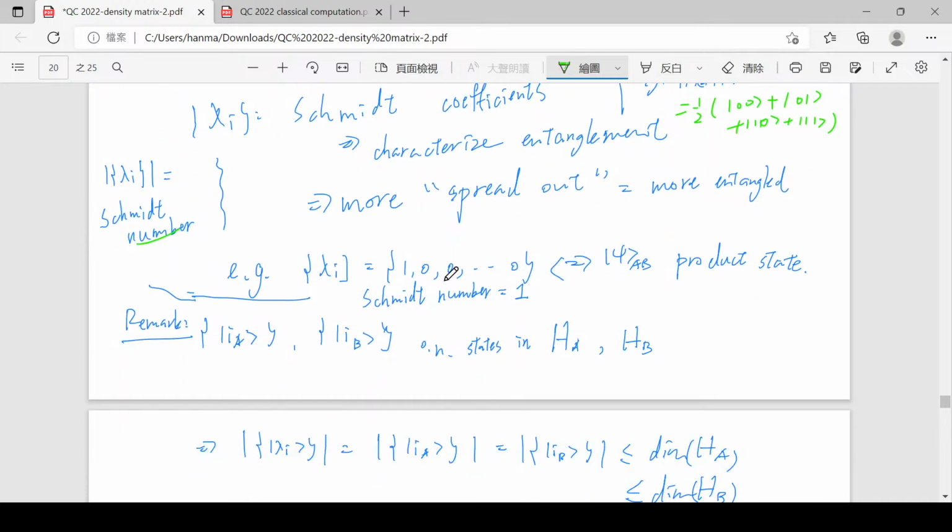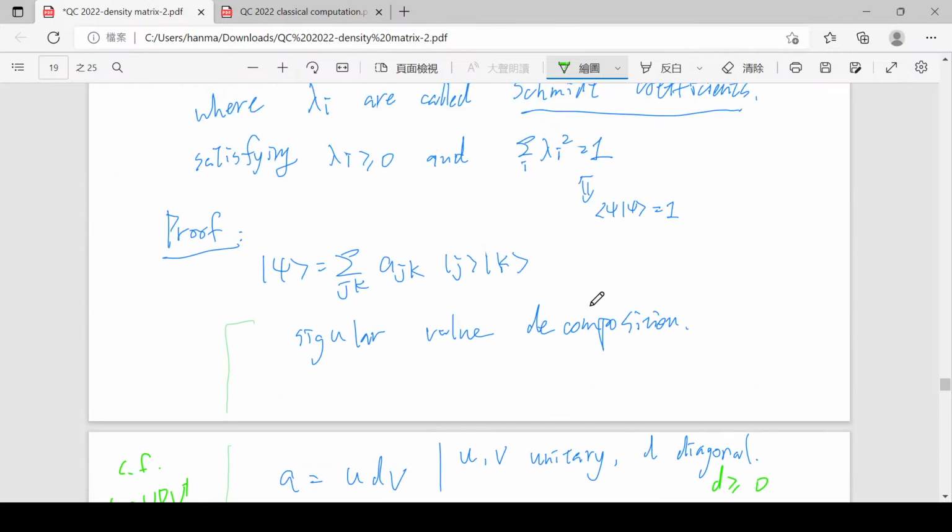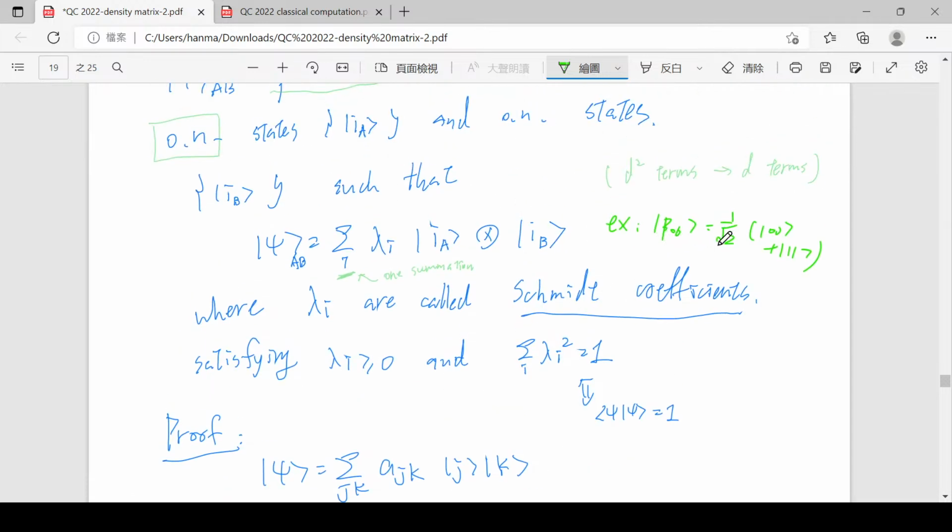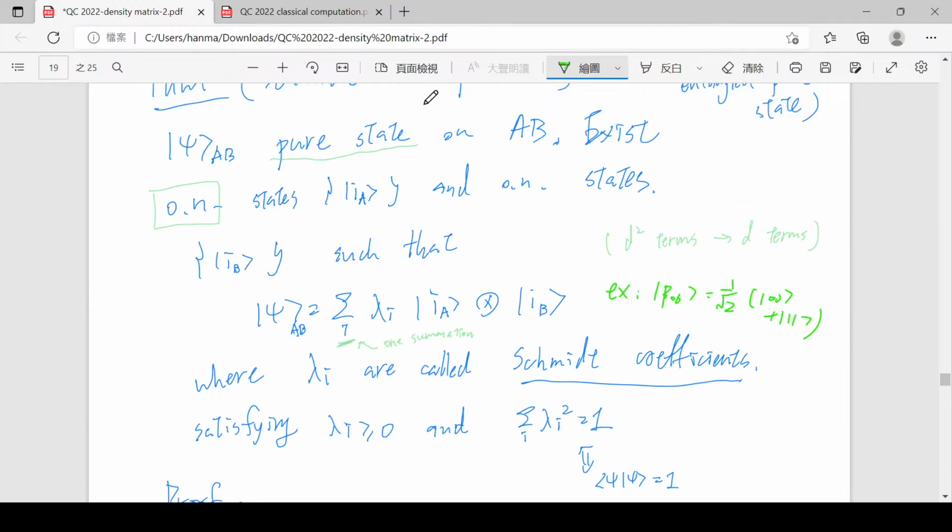So for example, for this product state, only one of them is non-zero, so the Schmidt number is 1. And for our EPR pair, with 1 over square root 2 and another 1 over square root 2, the Schmidt number is 2. And obviously, if system A is d-dimensional and system B is d-dimensional, the maximum Schmidt number is d. So the Schmidt number can be anything from 1 to d.